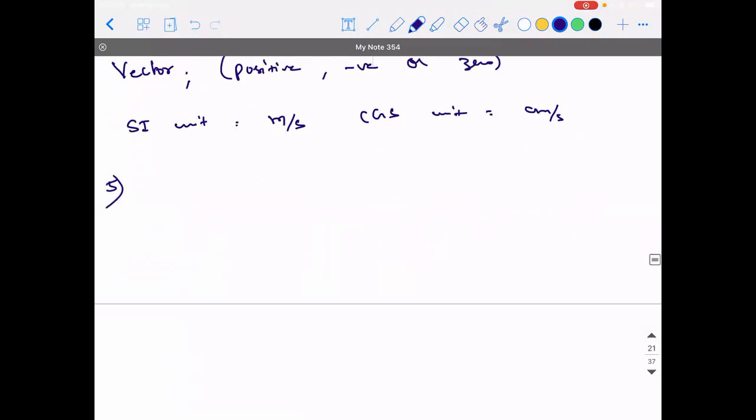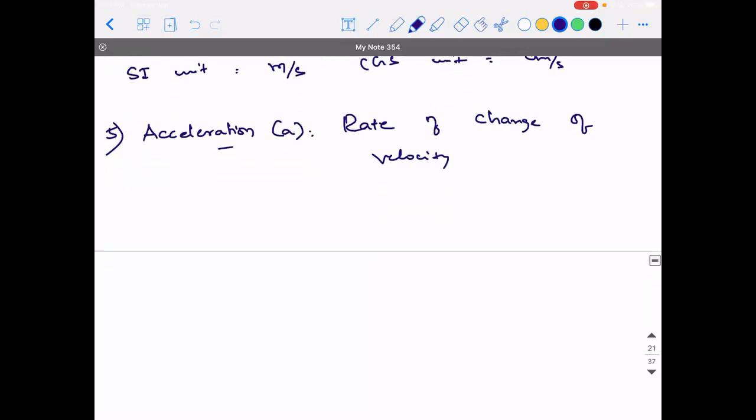And the last physical quantity that we are going to see is acceleration. So what is acceleration, guys? Rate of change of velocity is what we call acceleration. So A is equal to delta V by delta T. So is this average acceleration or instantaneous acceleration?